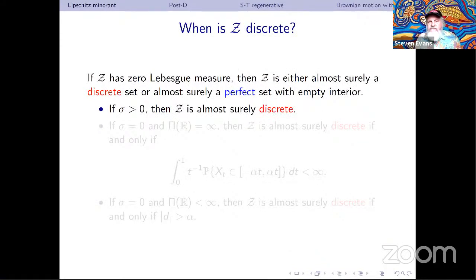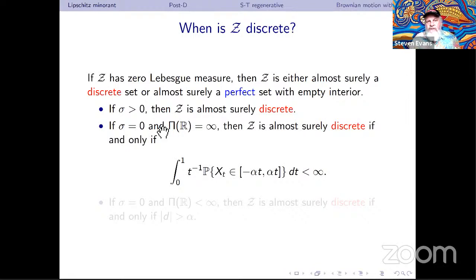So when is Z going to be discrete? If Z has zero Lebesgue measure, then by a standard fact about regenerative sets, Z is almost surely a discrete set, or almost surely a perfect set with empty interior. If the Brownian component is non-trivial, then Z is almost surely discrete.